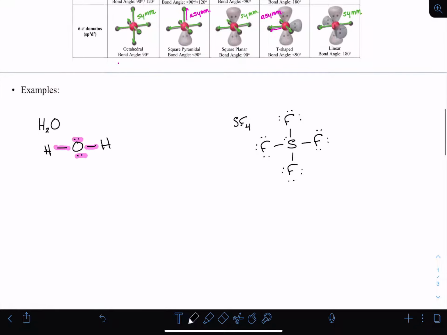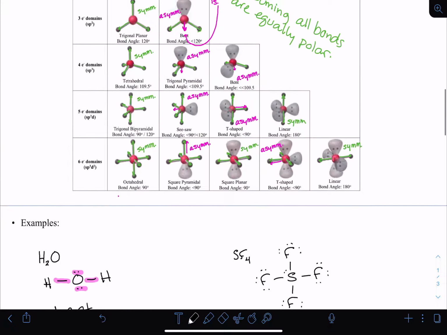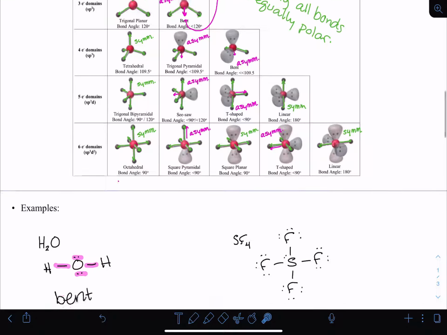So the molecular geometry of water is bent, which means that it actually looks more like this. So making sure that you're thinking about the actual shape is really going to help you determine polarity. So whether you actually draw it in the right shape or just kind of envision it on this picture that, okay, this structure here represents water now. I can think about what that's going to look like.